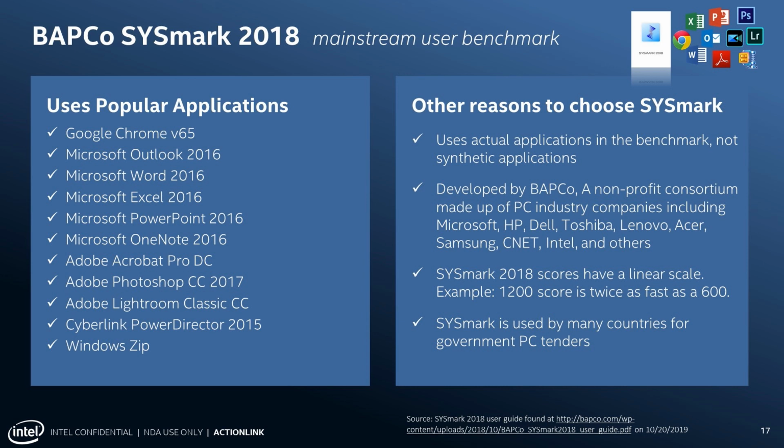All the applications, and they're the real applications. They're not some synthetic made up stuff, sorry, that others might use. And it's very linear. It's a time-based thing. It runs through scripts for all these applications and it times it. So it's just bona fide performance.